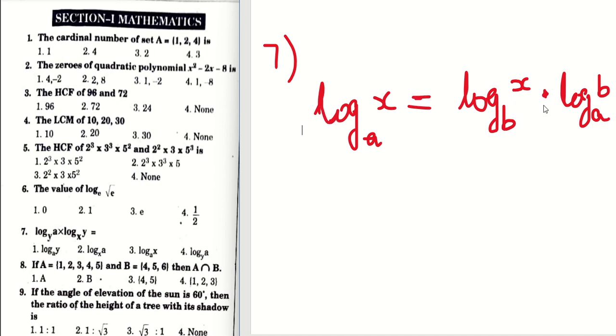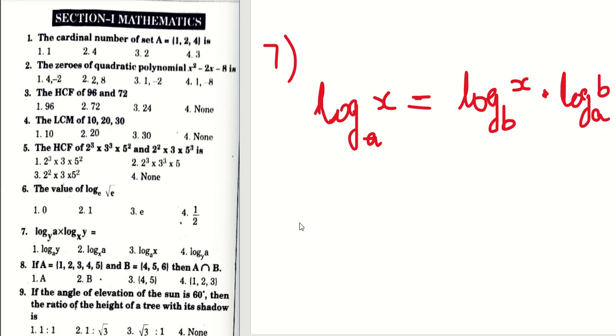This argument and this base are the same. So what will be left over to you now? This base will be as it is and this argument will be, since log b to the base b will turn as 1. So whatever is left over, this and this base, you will get it.